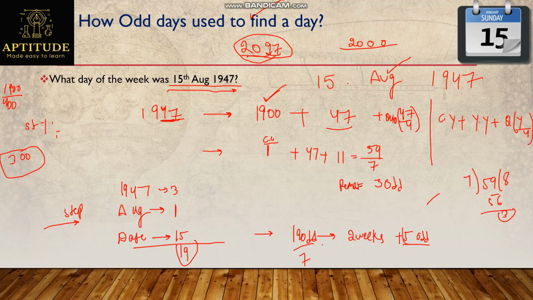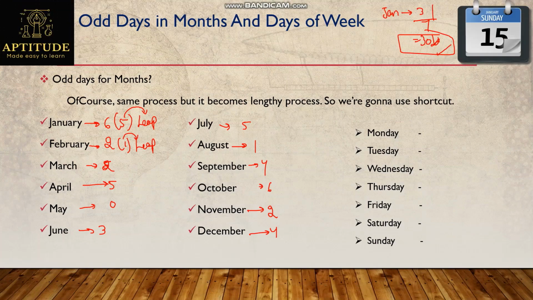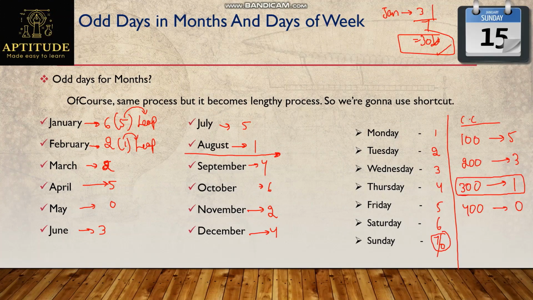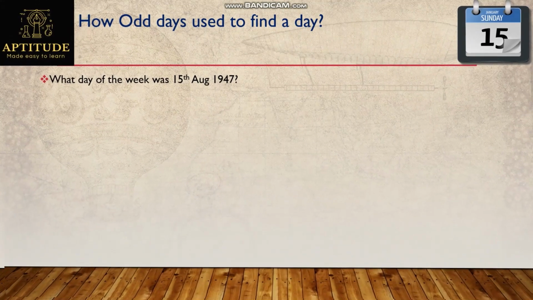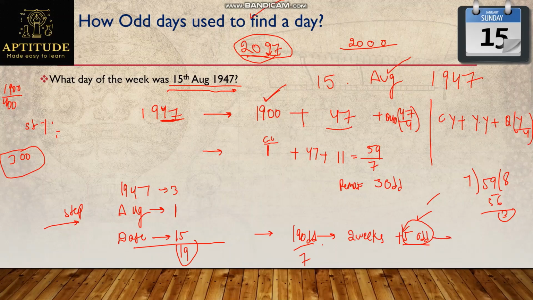So the odd day code for 15th August 1947 is 5. Which day is that? As we already discussed, 5 is the code for Friday. Simple, which means 15th August 1947 falls on Friday.